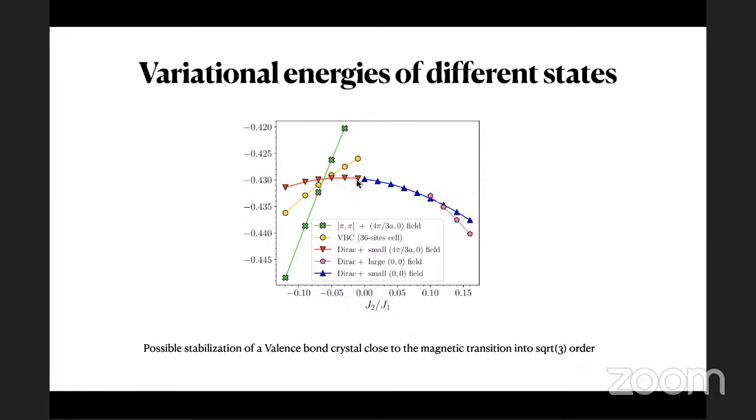I want to also mention that in previous works of ours, and also from some DMRG studies, there were claims of having a valence bond solid phase. And although we investigated this and found how it competes with these other states, if a valence bond solid exists on the ferromagnetic side, it should be in a very tiny sliver of parameter space, almost vanishing.